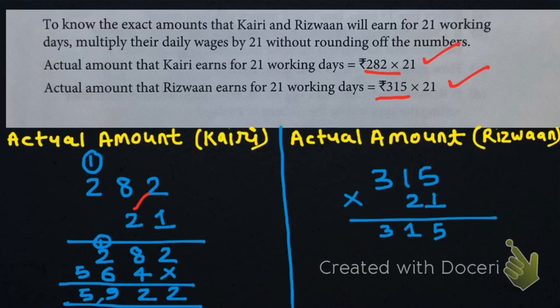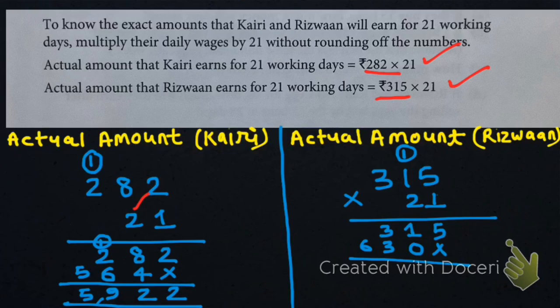315 into 1 will become 315. Now students, we have to multiply this number by 2, and 2 is in tens place. So cross mark ones place, because 2 is in tens place. So we will start from tens place. 2 into 5 will become 10, and 1 carry forward, then 2 into 1 will become 2 plus 1 is 3, and 2 into 3 will become 6.